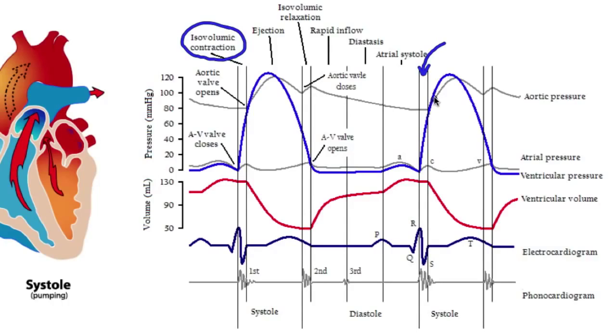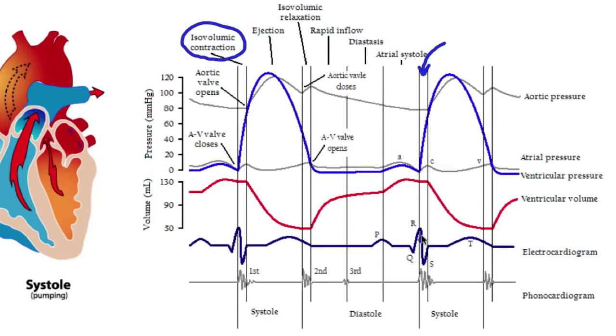So you can see the increase in pressure, the blood being ejected, so you can see the decrease in ventricular volume. And that happens right after the QRS complex, which is the depolarization of the ventricles. So thus far, we've looked at the P wave, atrial depolarization, causing atrial systole or atrial contraction.